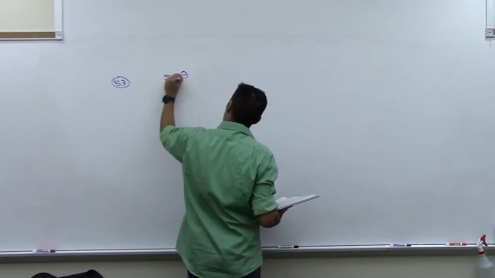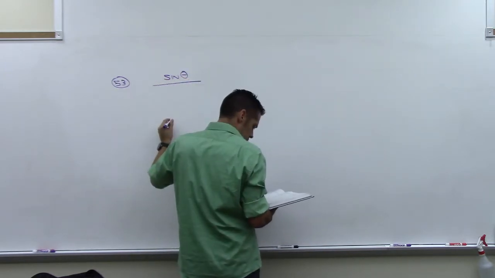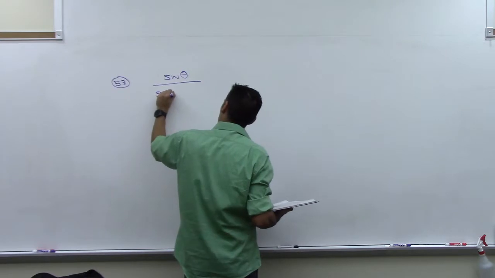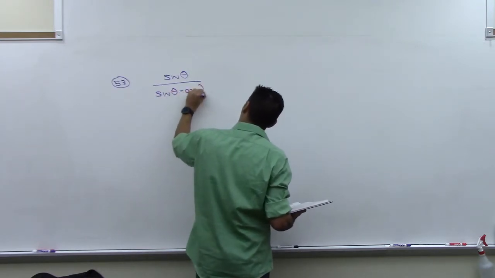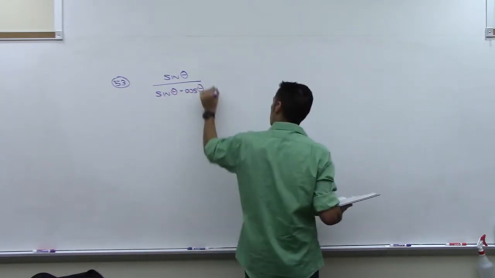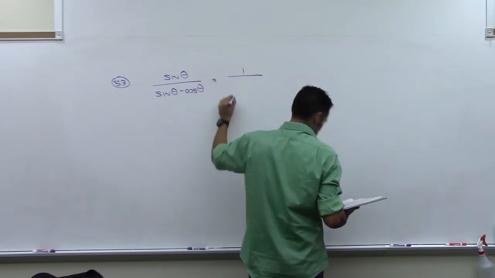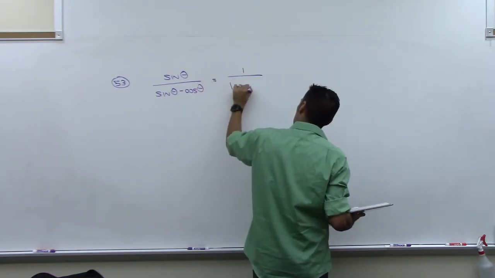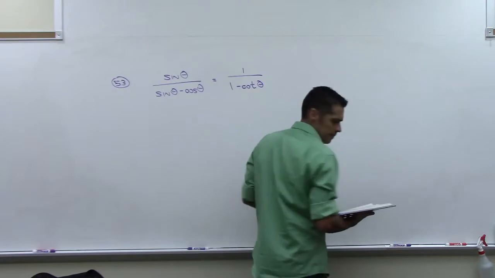Sine theta over sine theta minus cosine theta equals 1 over 1 minus cotangent theta.